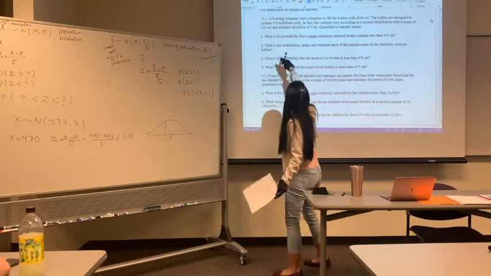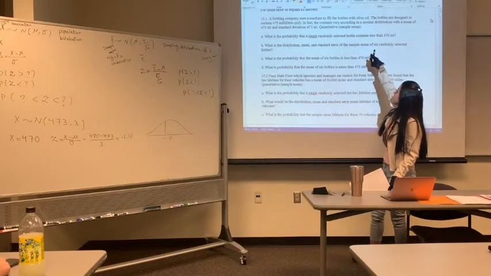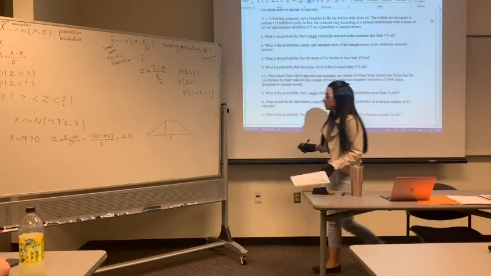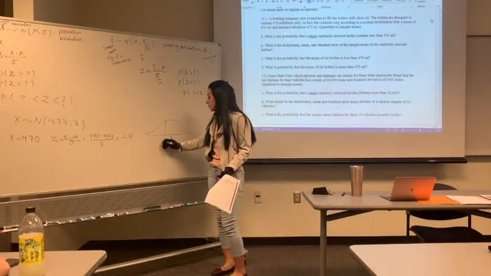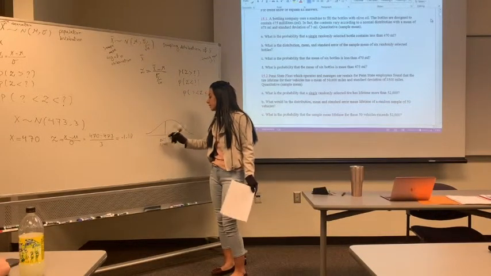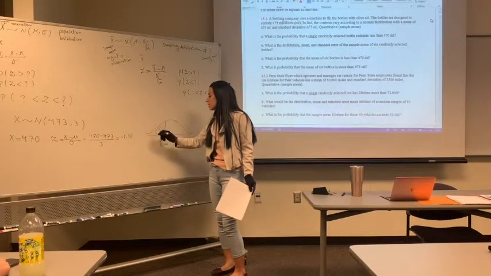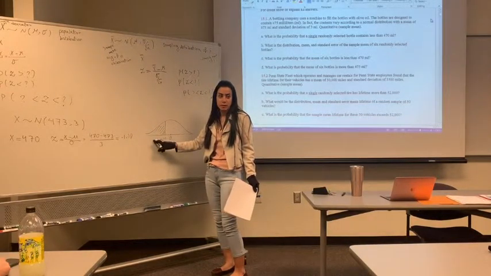Then we go back to the question. It says the probability that a single randomly selected bottle contains less than this much. This z was for x equals 470, correct? Less than means all the area on the left side of this z, correct?